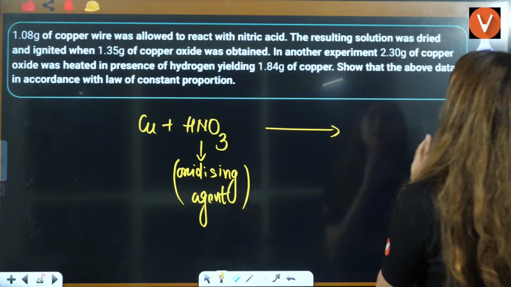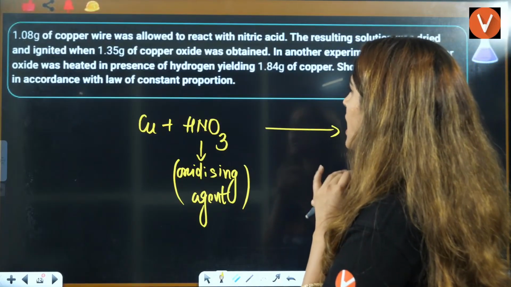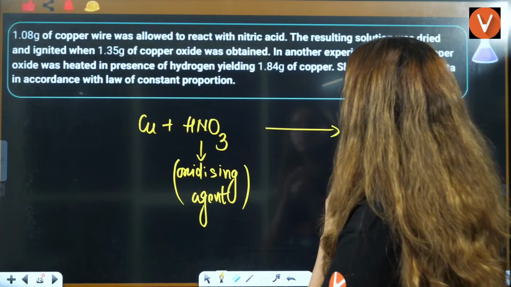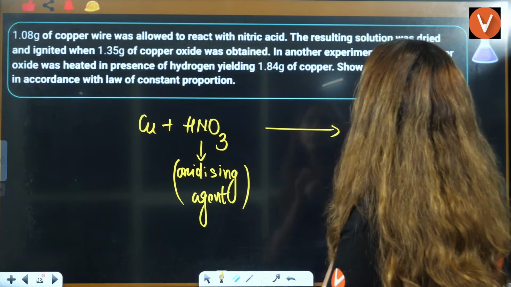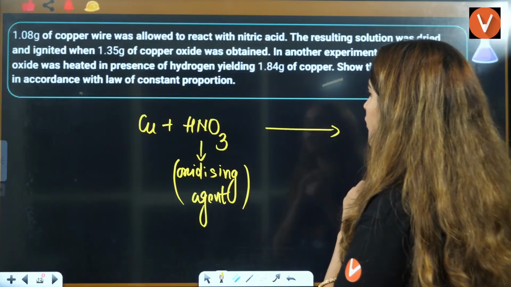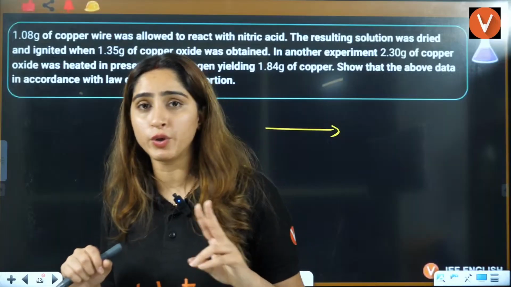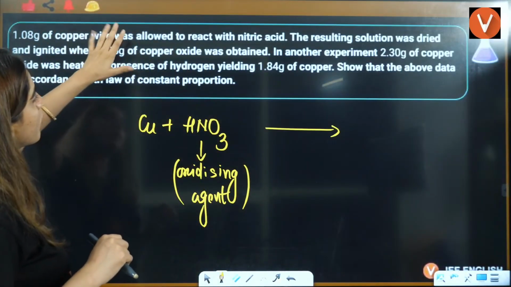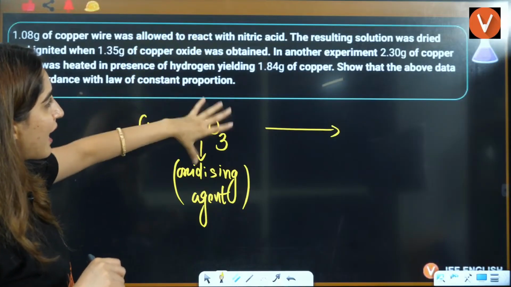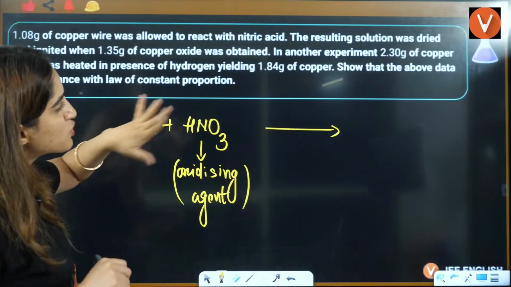In another experiment, this much of copper oxide was heated in presence of hydrogen, yielding this much of copper. Show that the above data is in accordance with the law of constant proportion. Okay, so two experiments are given to you, right? In the first, this much of copper was allowed to react with nitric acid, the resulting solution was dried and ignited, and this much of copper oxide was obtained.